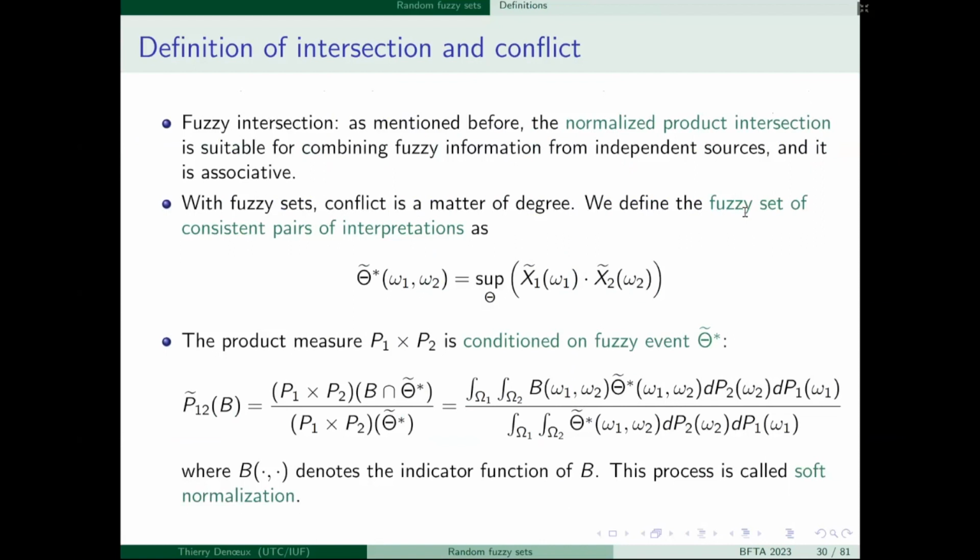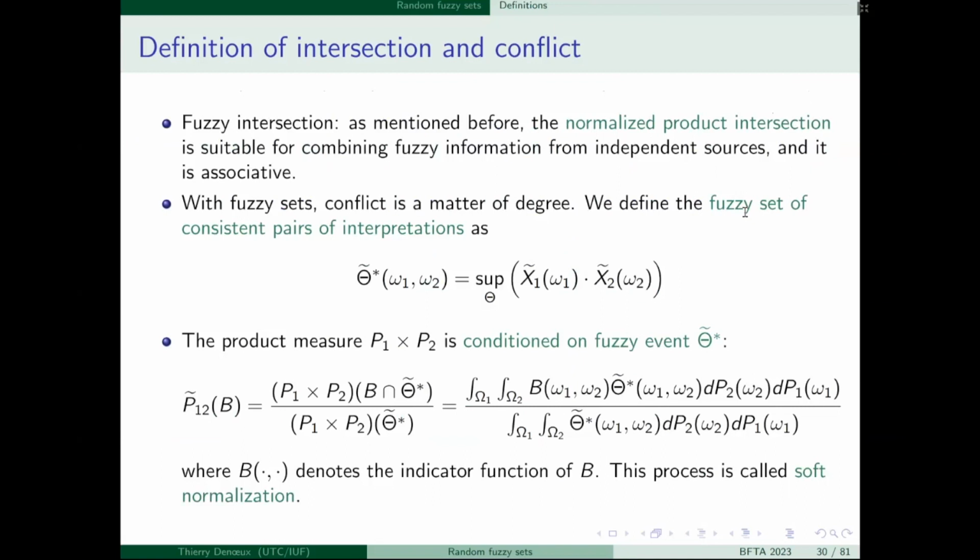If you have a situation like this, say here the intersection is empty, the height is 0, so the conflict is total. So I will define here the degree of consistency. It's 1 minus the degree of conflict. The degree of consistency is the height of the intersection.